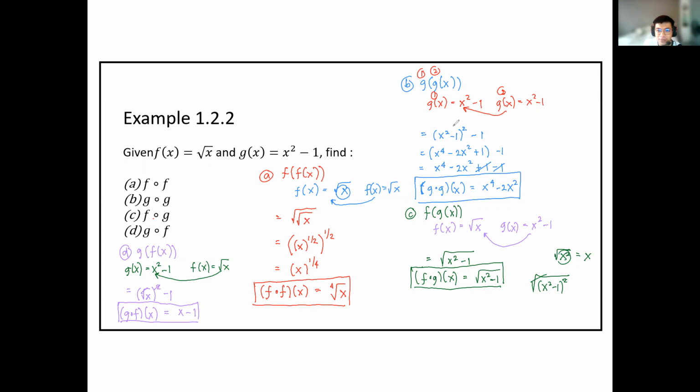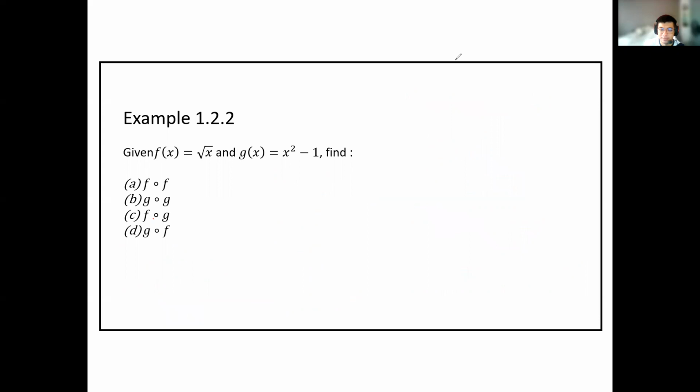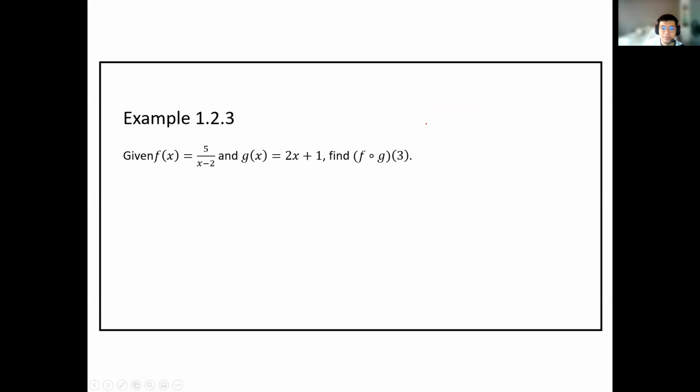Okay, so if there's no question, we can proceed to the next slide. So, for example, another type of composite function, but this time we're going to incorporate the different topics that we have learned before.